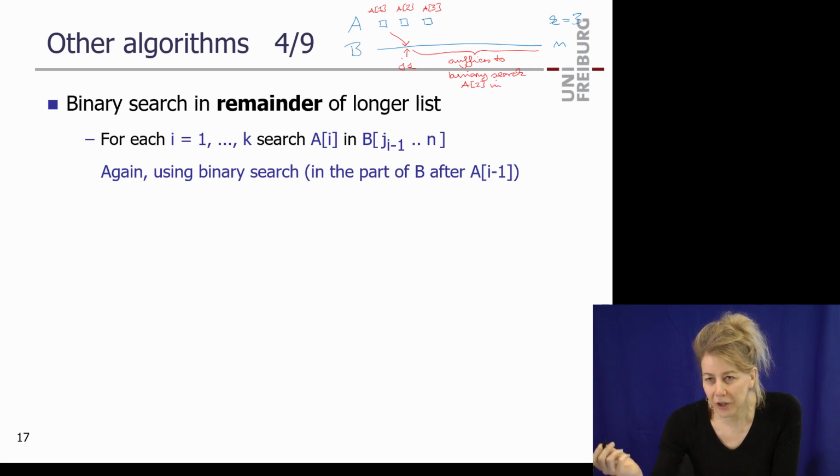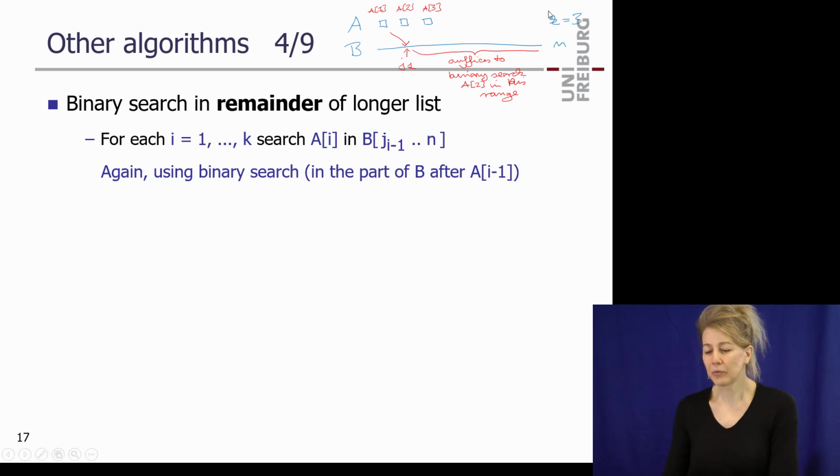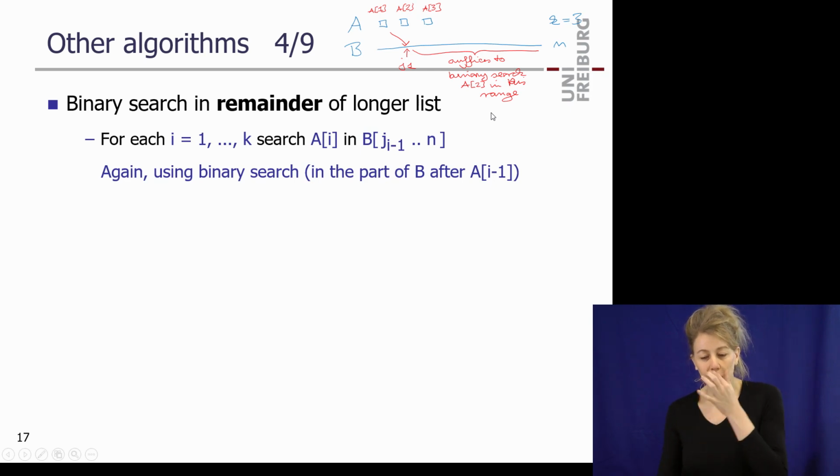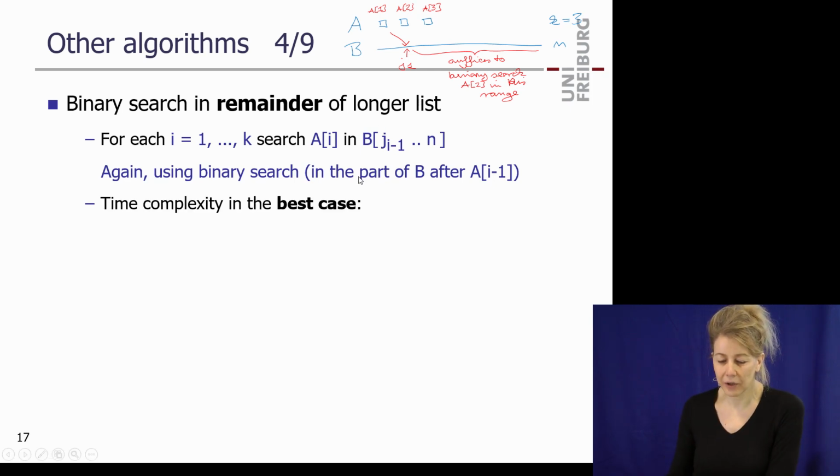We don't have to search before A1 anymore. Before A1 was smaller, and everything before A1 will be even smaller. I guess this is clear. You don't have to binary search the whole of B again, and of course it's good if at some point we find an element rather at the back of B, then the remaining range will be smaller and smaller. So it's a small optimization of the algorithm.